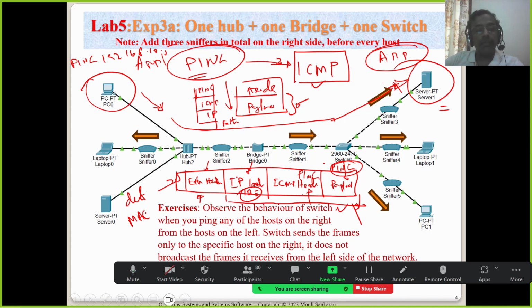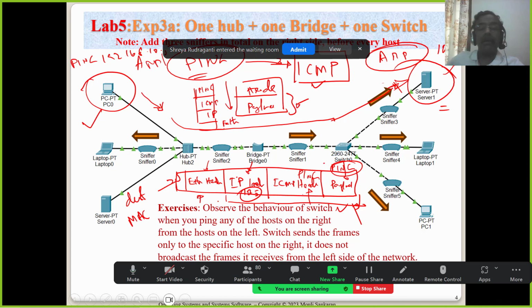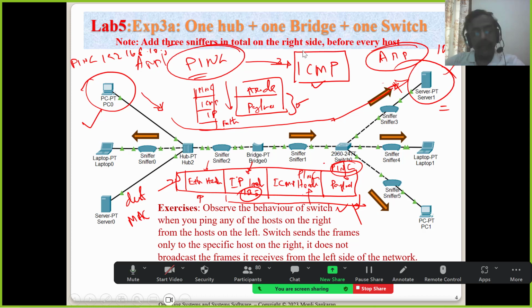Can you tell me? Suppose I am trying to ping 192.168.10.5 from this PC. I am interested in pinging this guy. Assume that this is 10.5. Now the Ethernet header is added, and it is supposed to fill it with some destination MAC address. Which destination MAC address should it put?